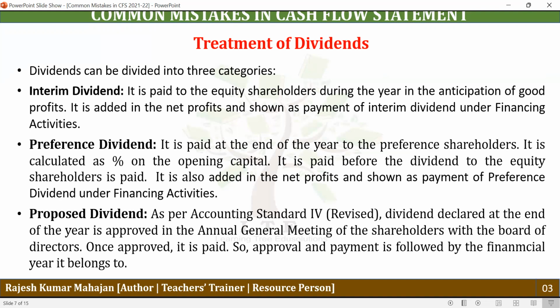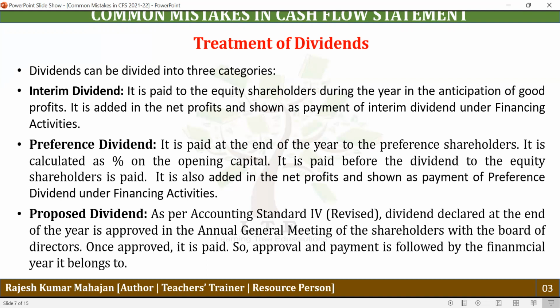Then next we have the preference dividend. Treatment of preference dividend is quite similar to the interim dividend. Interim dividend is given during the year, whereas preference dividend is given at the end of the year before the payment to the equity shareholders as a dividend. In case of preference dividend, it is calculated as a percentage given in the question.